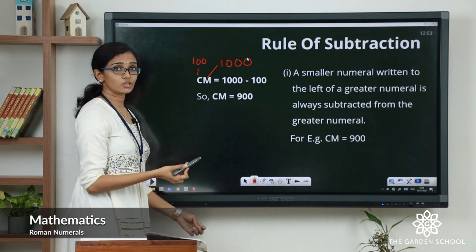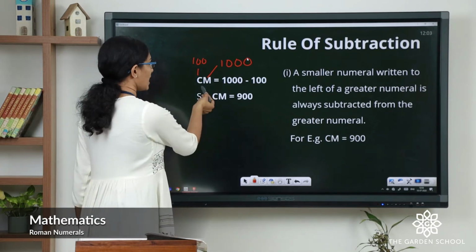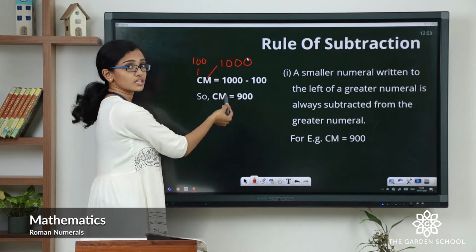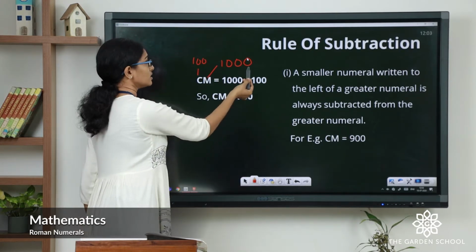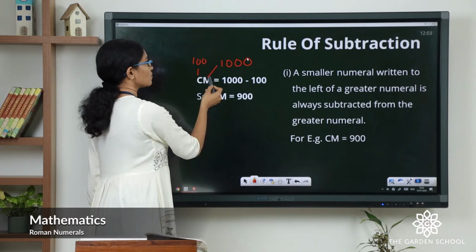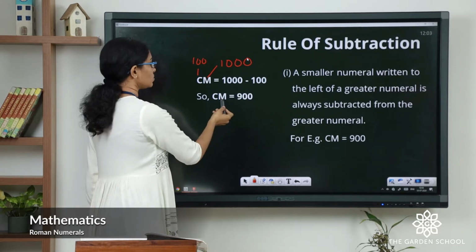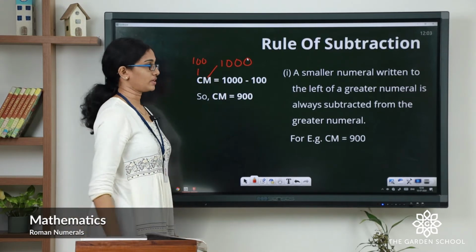So which is the greater numeral? This is the greater numeral. This is the smaller numeral. So you have the smaller numeral 100 written to the left of the greater numeral 1000. So what do we do? We subtract the smaller from the greater one. So it's 1000 minus 100, which gives you CM equals 900.